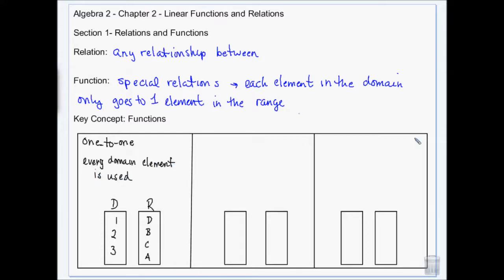So if I plug in a 1, I would get a D, 2 would give me a B, maybe 3 would give me an A. But all 3 of these would be used.